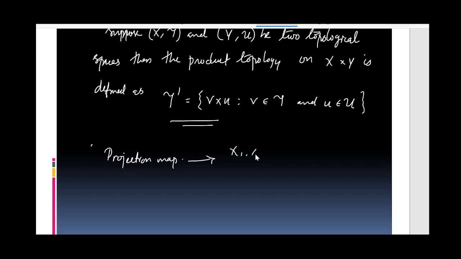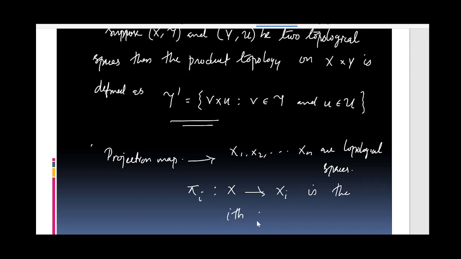Suppose X1, X2, etc., Xn are topological spaces. Now we denote by pi i from X to Xi the ith projection map.